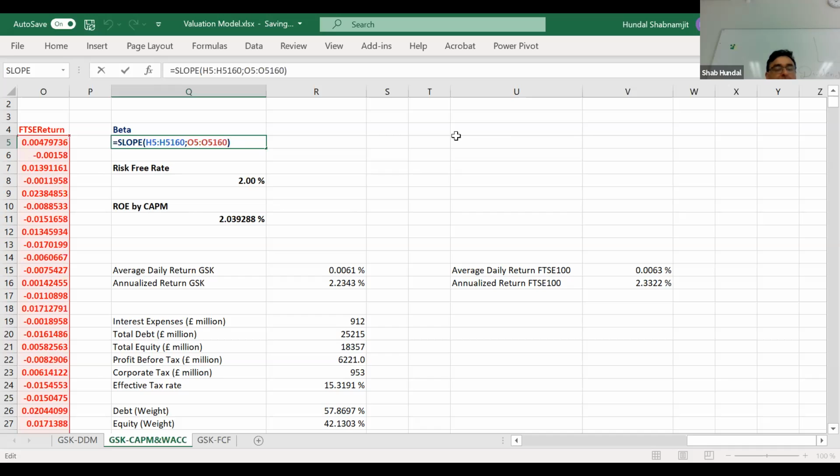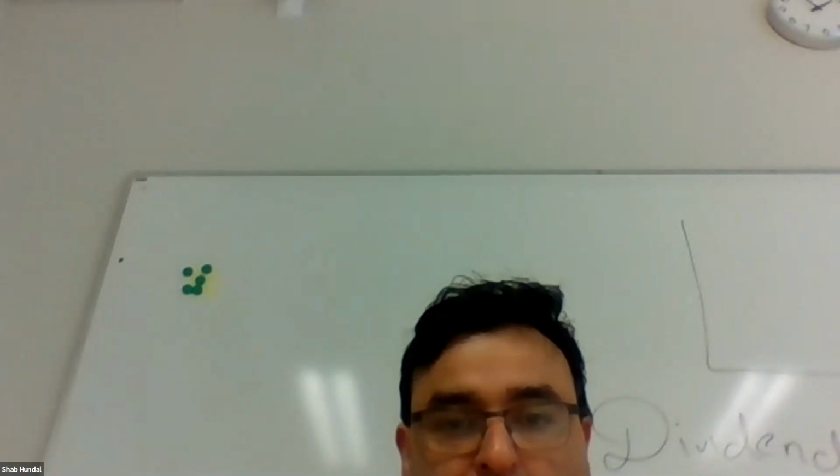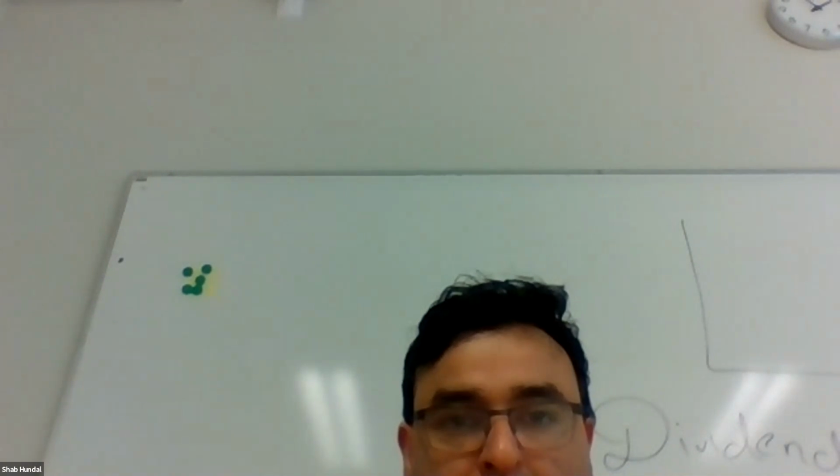It is calculated like this: what is the responsiveness of the company's stock return to the index return. And if I have to draw beta, it should look like this. There's no harm in drawing. I can share screen once again with you, the whiteboard.